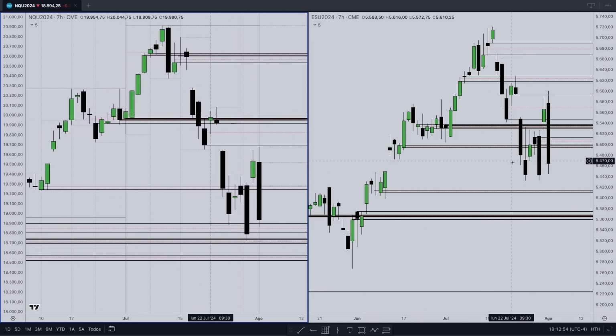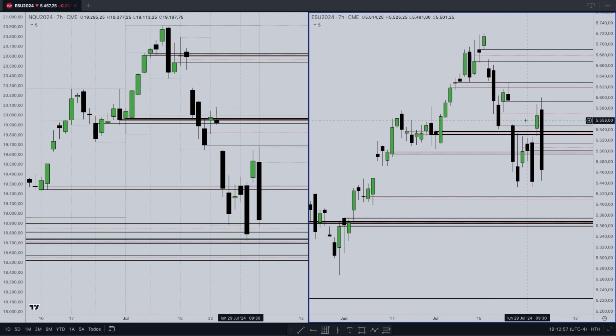But okay, and now look, what do we have here? This is the ES chart, and look what the ES did. We fully repriced this imbalance right here, this new week opening gap, with the same take of liquidity from FOMC, previous day high.